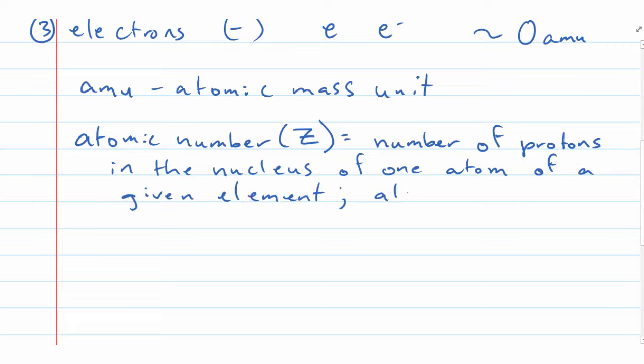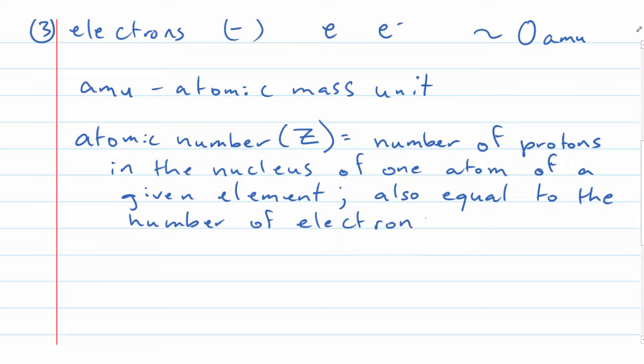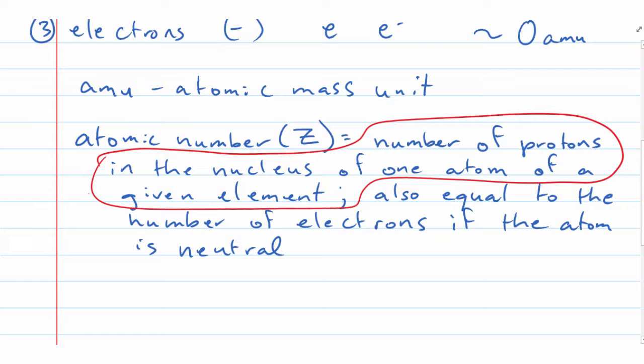And then we could say it is also equal to the number of electrons, exactly. But the number of electrons comes with the qualifier, and that is if the atom is neutral.